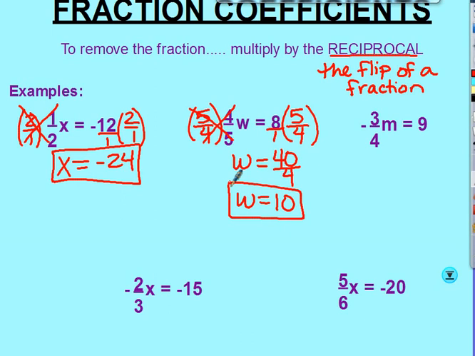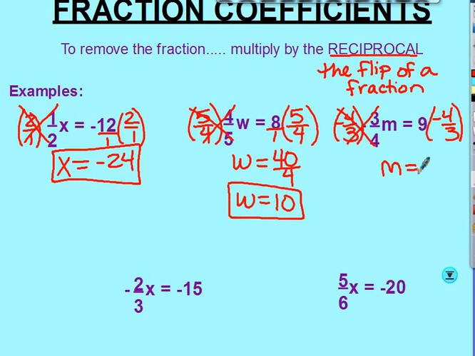The next example requires us to get rid of the fraction coefficient, negative 3/4. We are going to now multiply both sides by the reciprocal, which is negative 4/3. Notice, when I multiply negative 4/3 by negative 3/4, they cancel each other out, giving me the variable by itself.